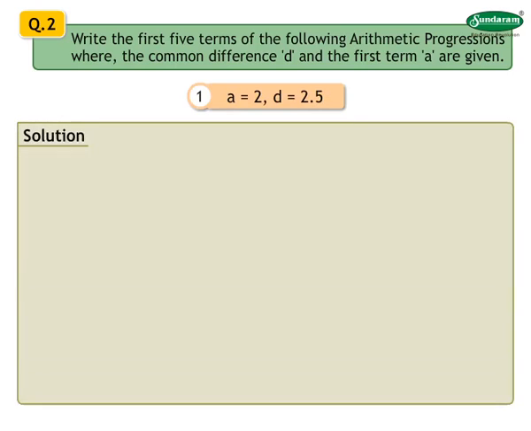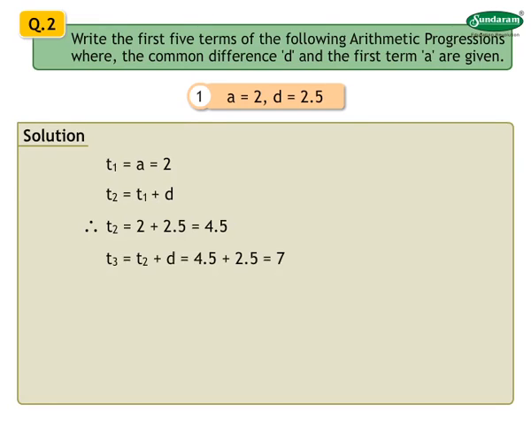Solution. T1 is equal to A is equal to 2. T2 is equal to T1 plus D is equal to 2 plus 2.5 is equal to 4.5. T3 is equal to T2 plus D is equal to 4.5 plus 2.5 is equal to 7.